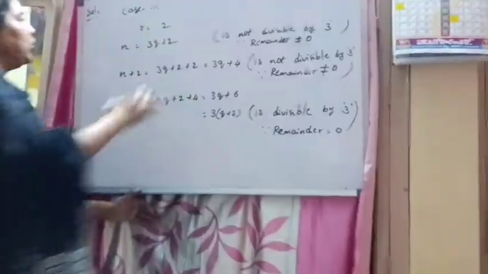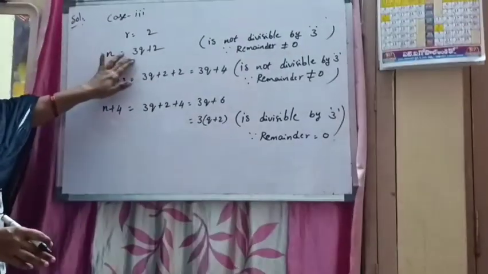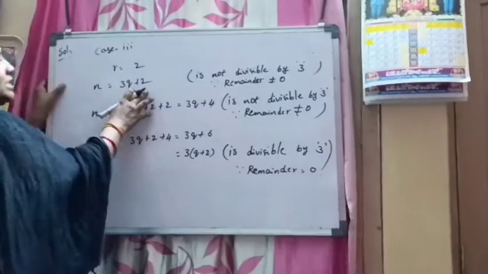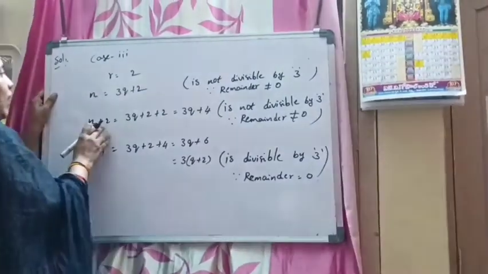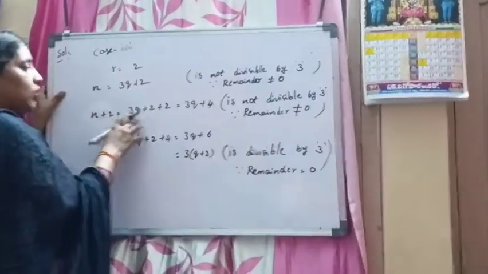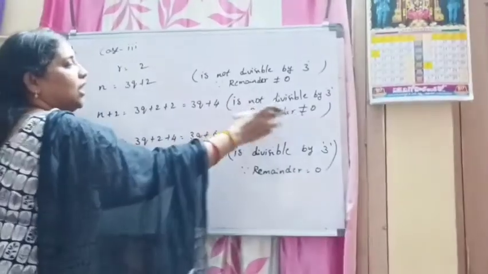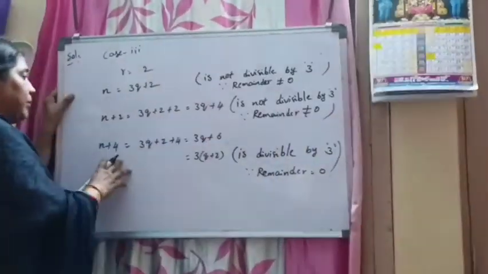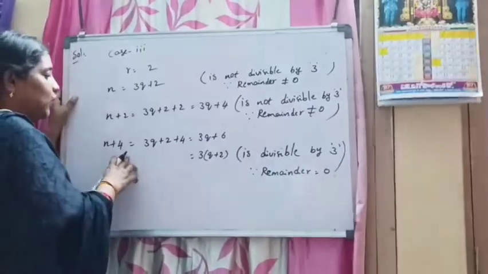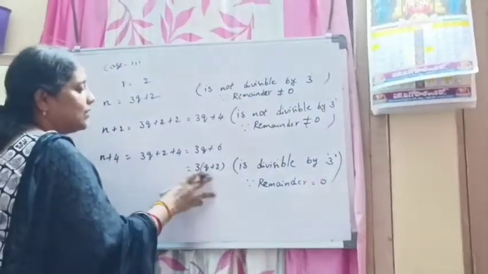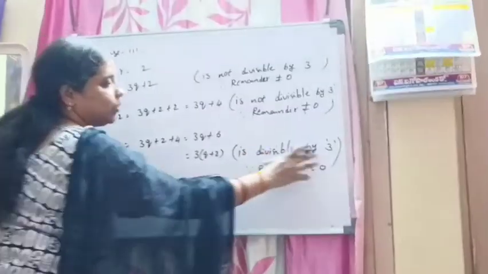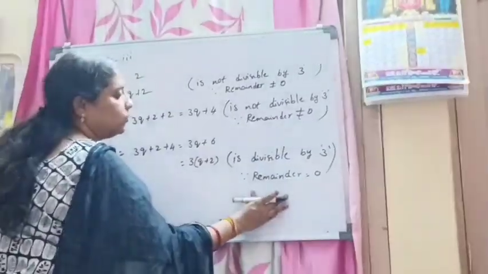If r is equal to 2, n is equal to 3q plus 2 and is not divisible by 3, since the remainder is not equal to 0. n plus 2 is equal to 3q plus 4, not divisible by 3. If r is equal to 2, n plus 4 is equal to 3q plus 6, that is equal to 3 of q plus 2, divisible by 3. Here the remainder is 0.